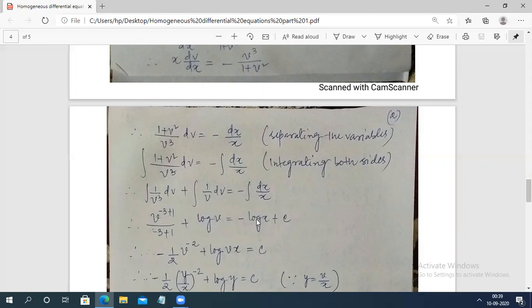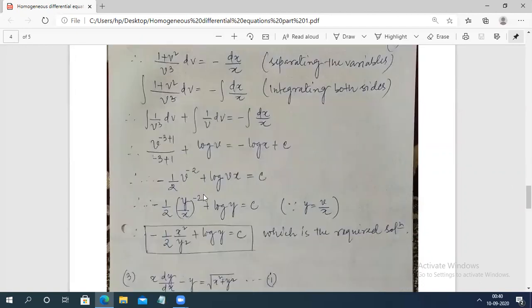Now if we move this log x to the left hand side, then it will become plus, that means log v plus log x, and by using the property of logarithm you can write log of vx. Next we have to change the value of v back to the original value, that is v is equal to y by x.